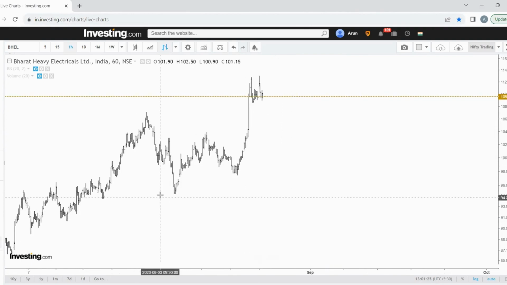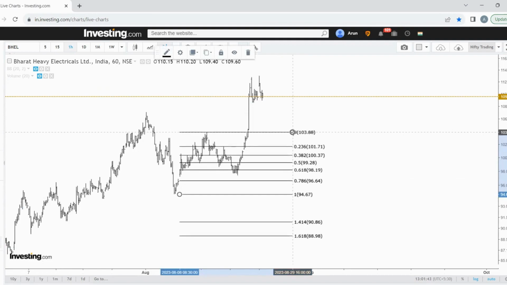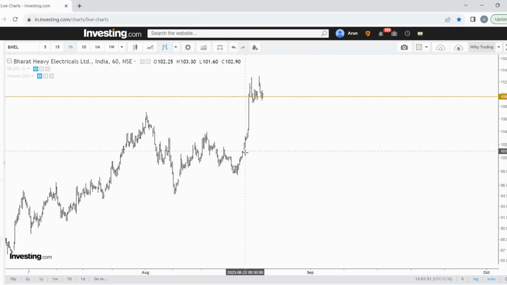In hourly, we can take this as a low point, wave 1, wave 2, and wave 3. It can be wave 4 and wave 5. In this case, wave 2 reached, see again here, I just take randomly, nothing planned, a 61.8% retracement of wave 1, and as I said before, wave 3 will be mostly straight.